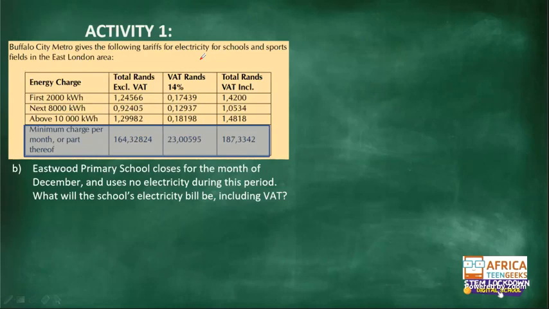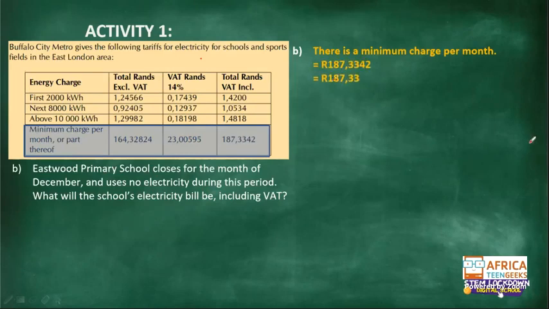So there is a minimum charge. We don't even have to calculate anything. All we tell them is there is a minimum charge per month. And yes, Sharon, the minimum charge, including VAT, is 187.3342. Okay, and then we'll just round that. 187 Rand and 33 cents.